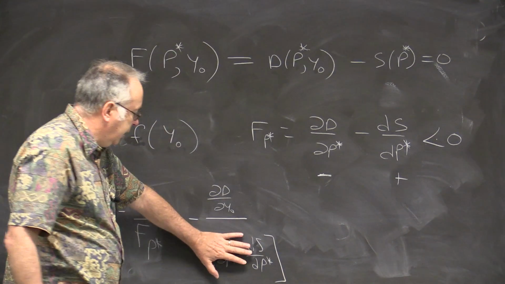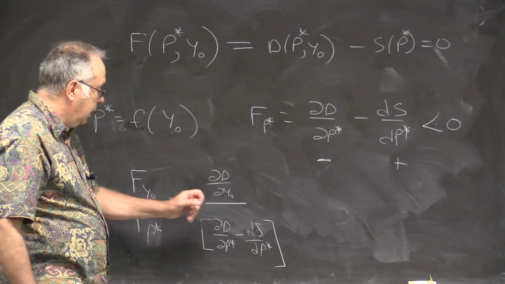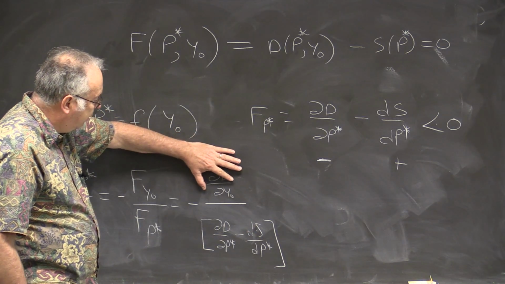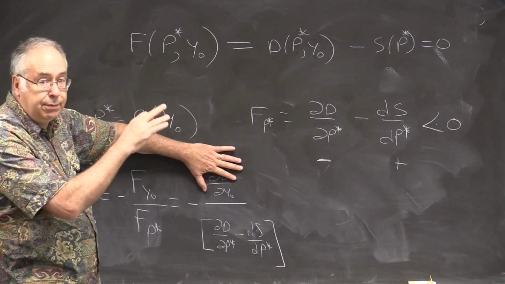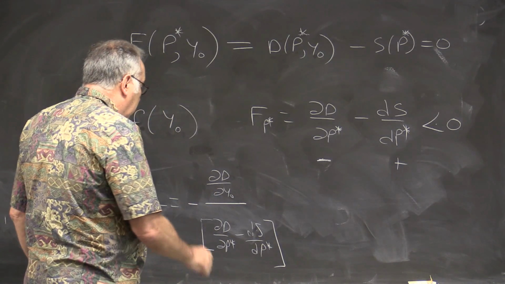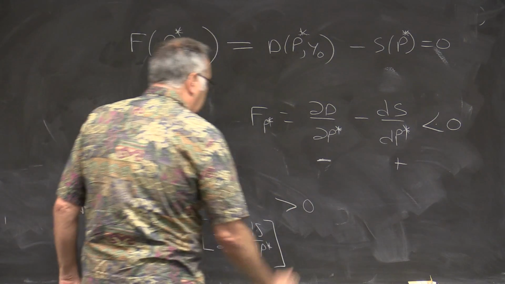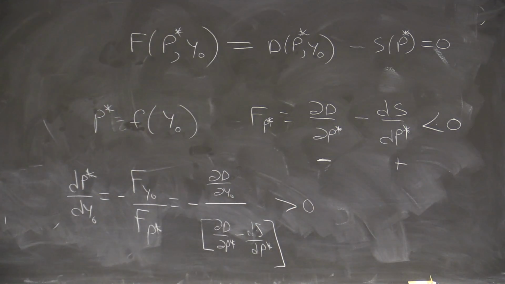We just found out this was negative. You've got a minus sign here, so that then it becomes positive. Partial D, partial y sub 0, by assumption is positive. So you've got a negative, negative, positive. So the sign of this derivative is positive, which makes sense.